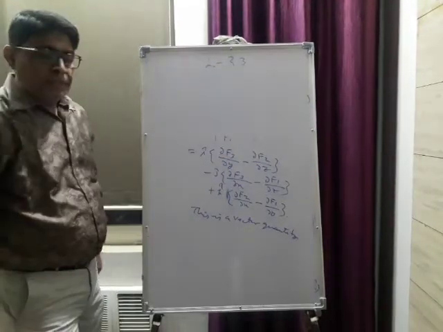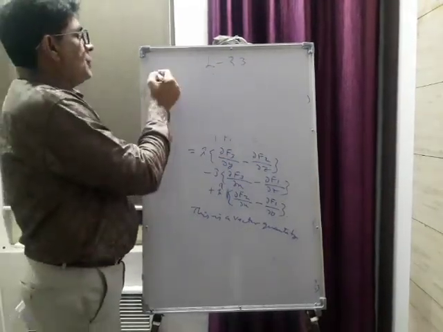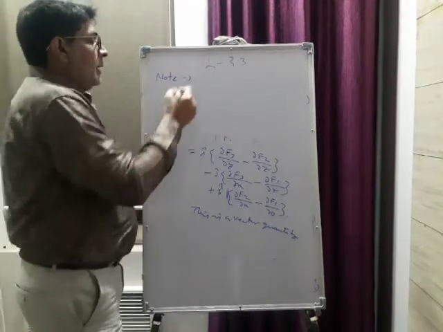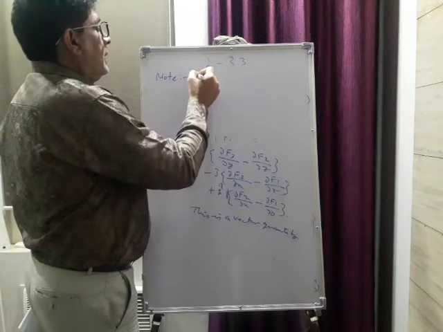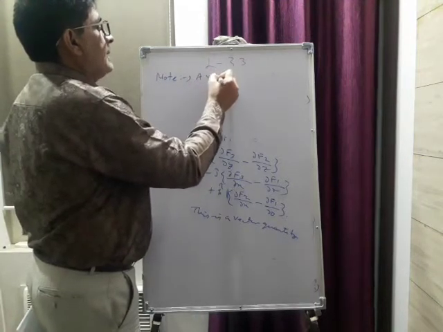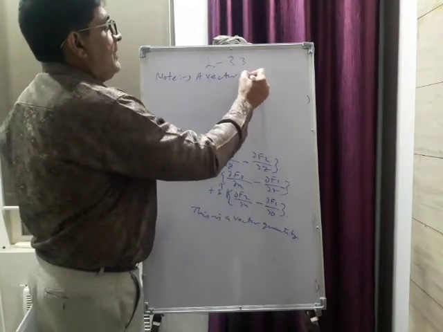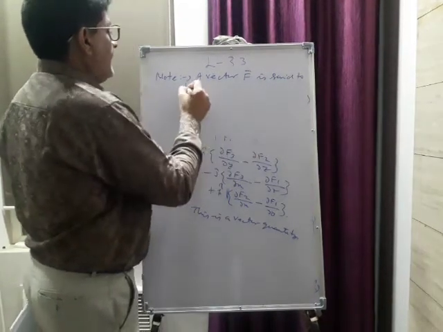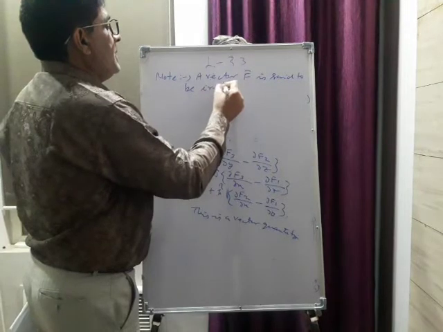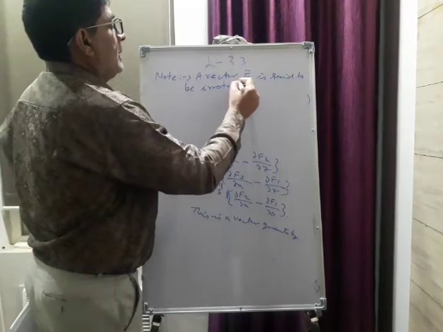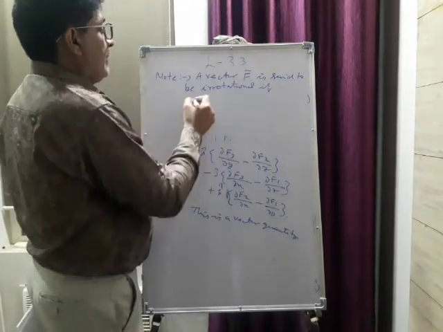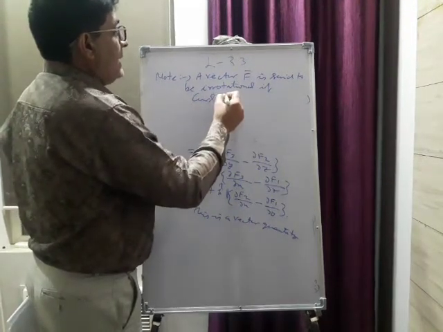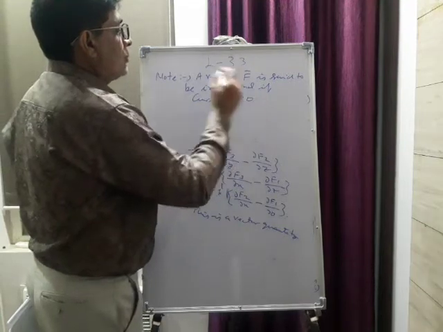Now here one important note: a vector f is said to be irrotational if curl f equal to 0.